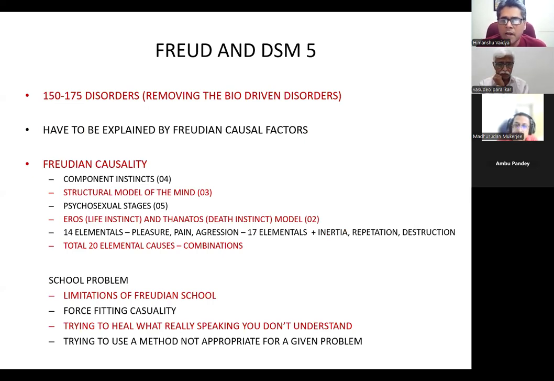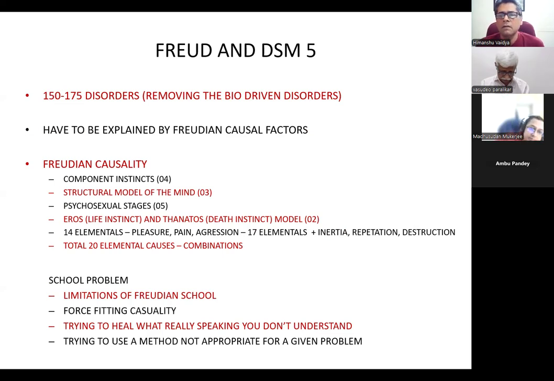So now when we apply Freud to DSM, how does it look? If we take a total of 150 to 175 disorders, removing those which are biologically driven heavily, then the rest of it we can apply Freud to. And in terms of causality, what are the elemental causes that Freud talks about in his entire work?